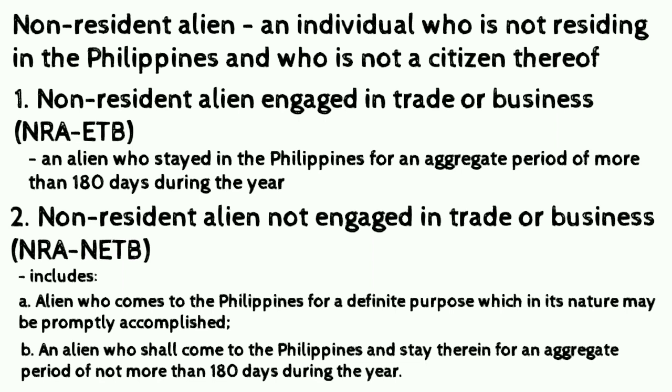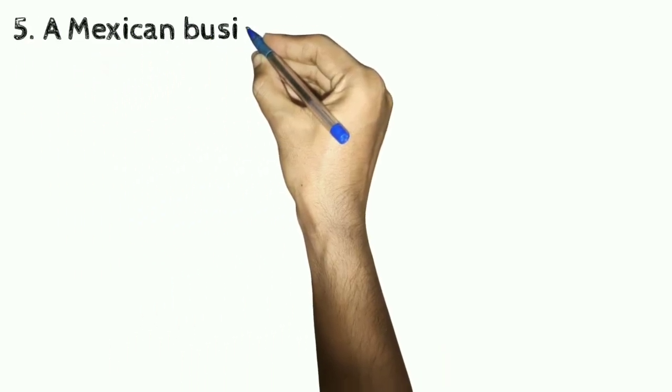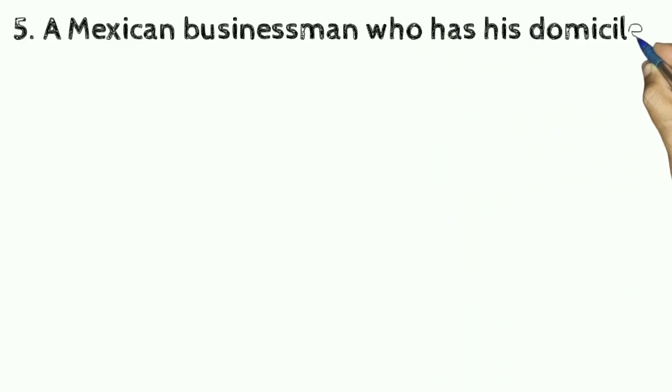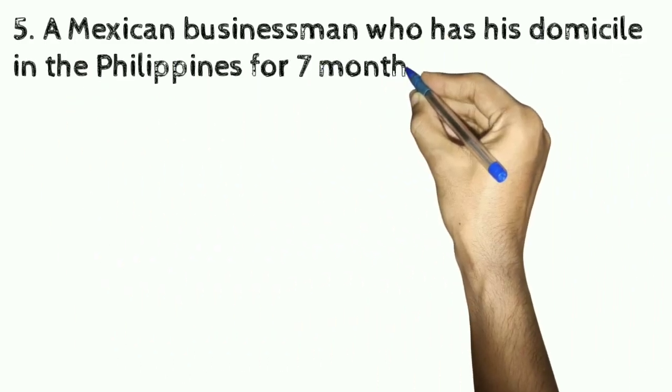But take note na sa non-resident alien engaged in business, dapat more than 180 days pero not more than 1 year. Kasi pag more than 1 year na siya, of course, hindi na siya magiging non-resident alien engaged in business, but rather resident alien. Next example is a Mexican businessman who has his domicile in the Philippines for 7 months.